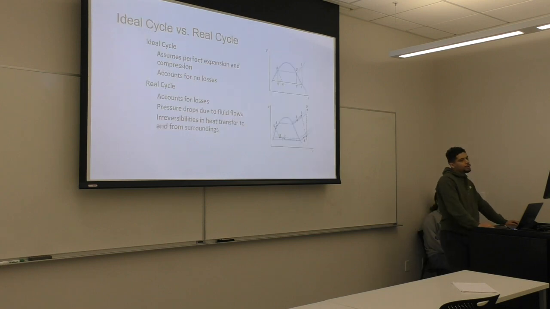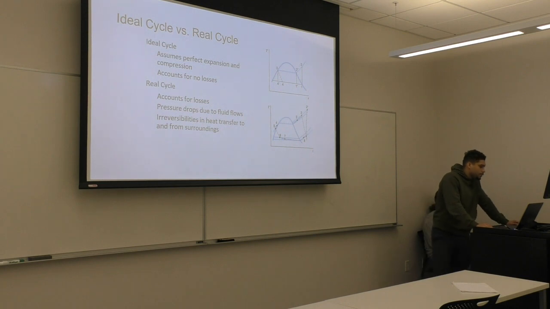So when dealing with the refrigeration cycle, there are two different cycles. There's the ideal cycle and the real cycle. The ideal cycle is kind of imaginary. It's not real. It's not perfect.